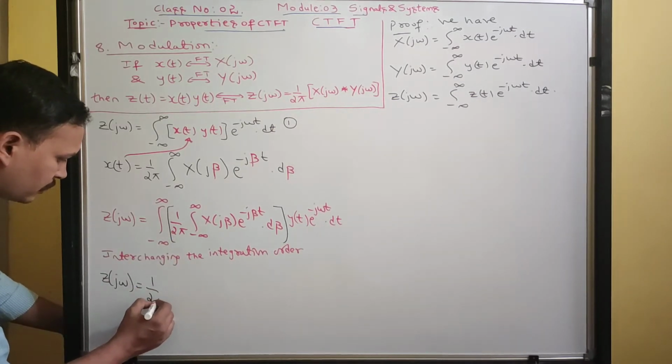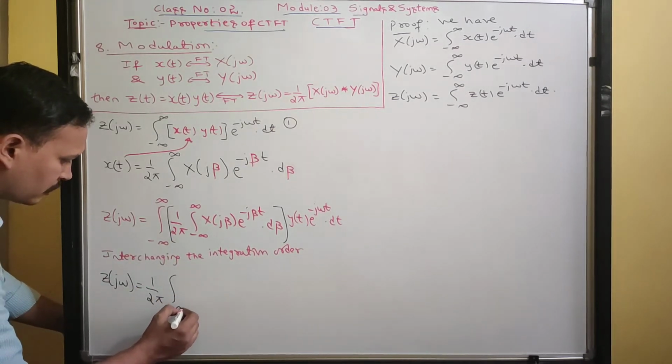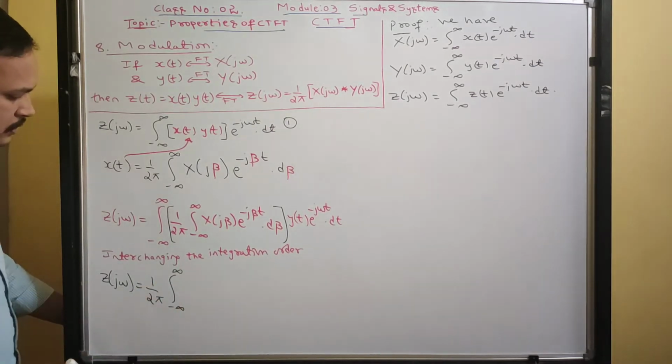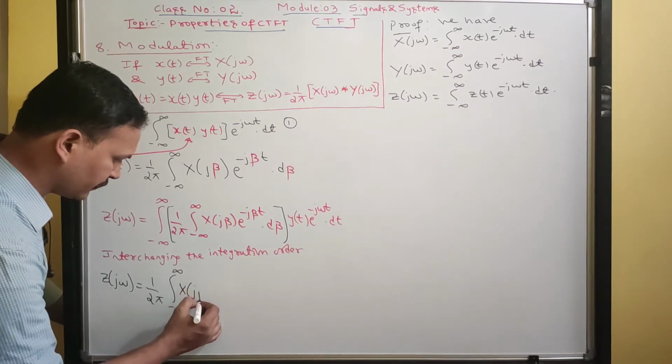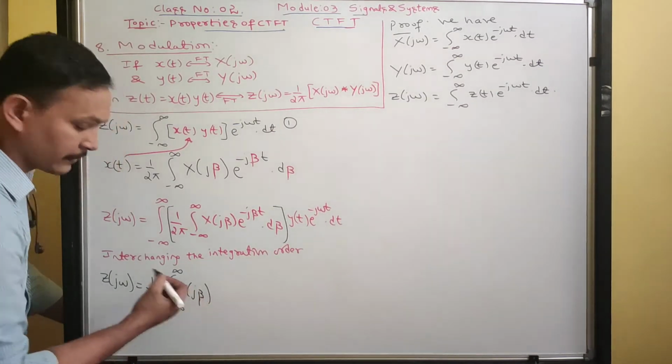I will write 1 upon 2 pi outside, integral minus infinity to infinity x of j beta. I will write one term separately.